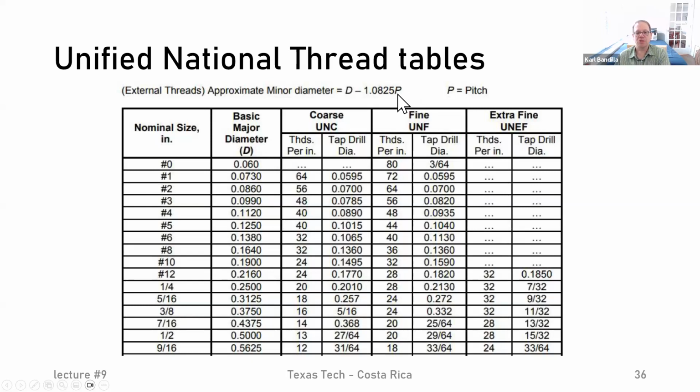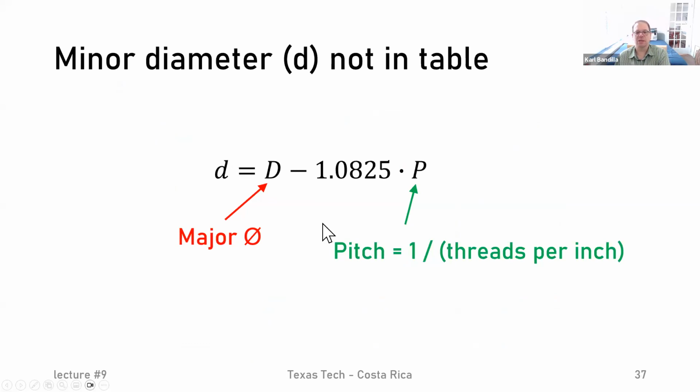P is the pitch. You have to be careful because the pitch is not equal to the threads per inch. You have to do 1 over this number. Then we have this crazy number here that we multiply by, and all that will give us lowercase d, the minor diameter. It's not in the table, but we can calculate it: major diameter, this factor here, and the pitch, which is just 1 over threads per inch.